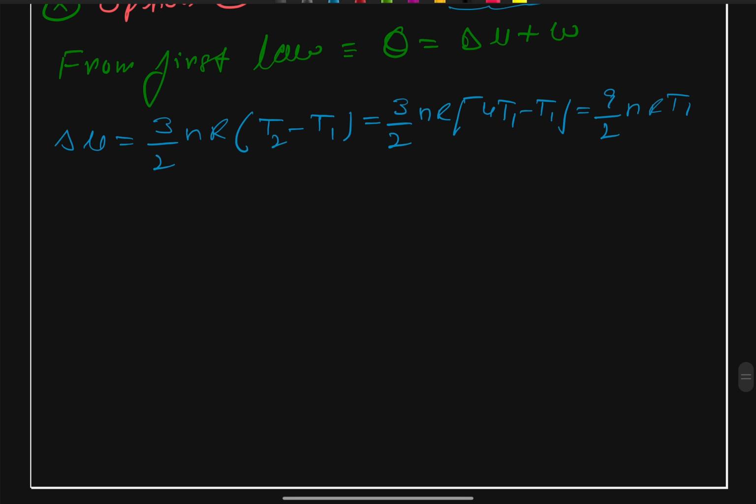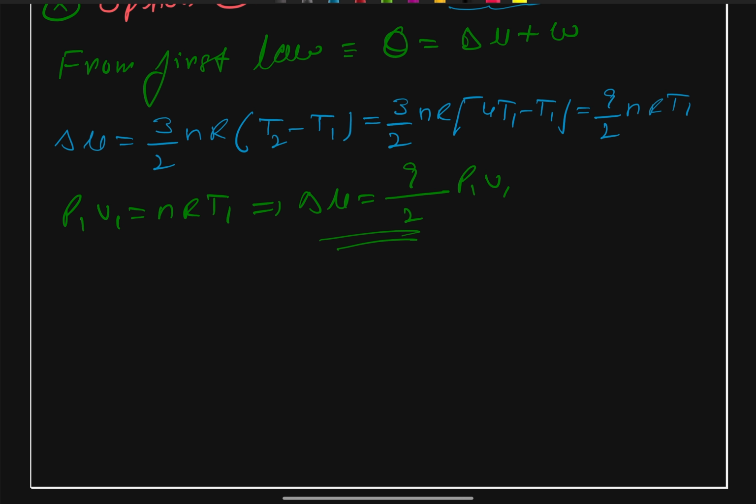But we know that P1 V1 is equal to nR T1. Therefore, delta U is equal to 9 by 2 P1 V1. So this is our internal energy.